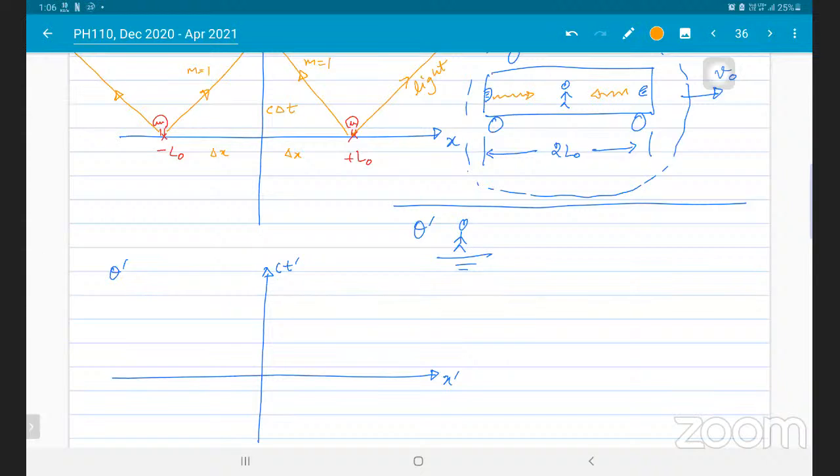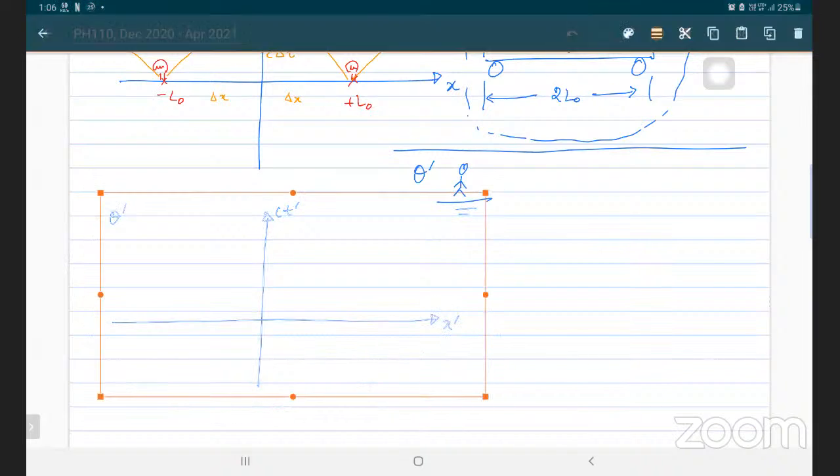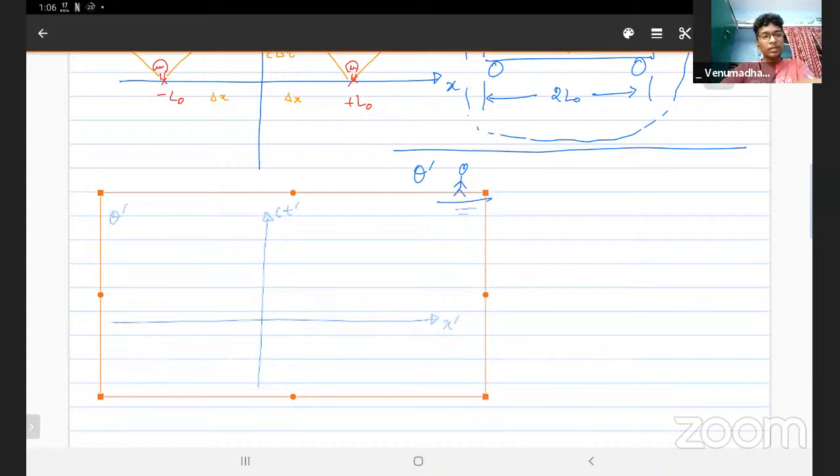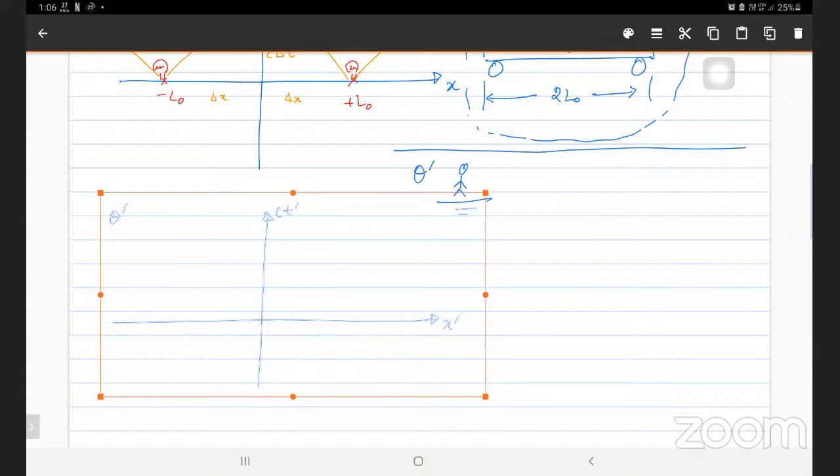O is somebody who is moving at some constant velocity with respect to O prime. So how do I represent that in this diagram? The answer should be obvious.